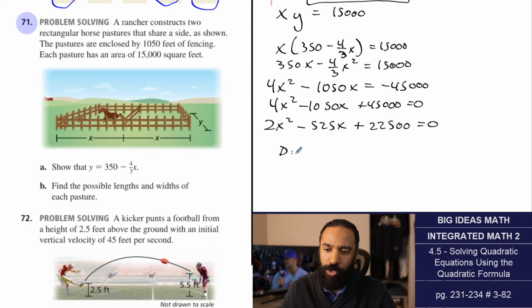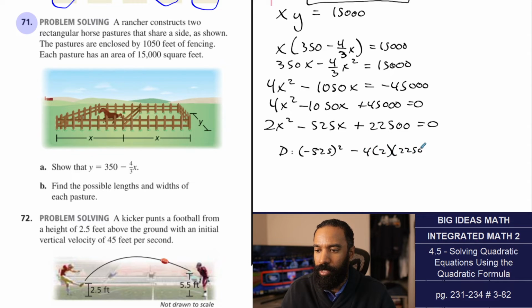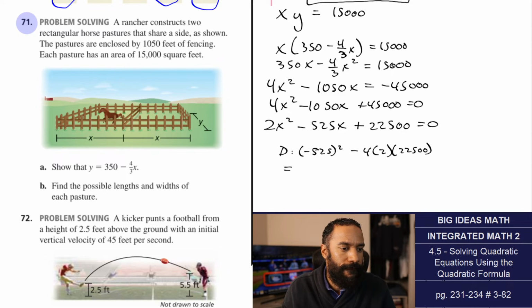Let's go to work. Discriminant, b squared minus 4ac is 8 times... I only hope I did all my mental math correctly there.